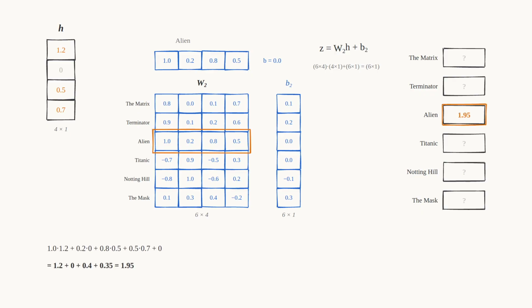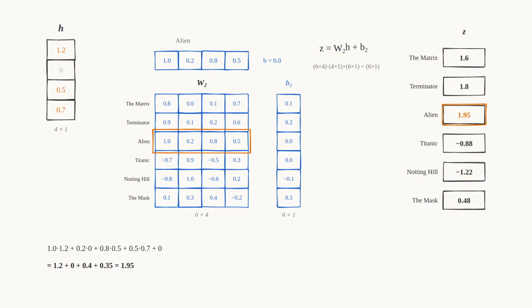Let's compute Alien's score in full, no skipping. Its landmark is 1.0, 0.2, 0.8, 0.5. Bias 0. Dot with the taste point. 1.0 times 1.2, 1.2. 0.2 times 0, 0. 0.8 times 0.5, 0.4. 0.5 times 0.7, 0.35. Sum, 1.95.